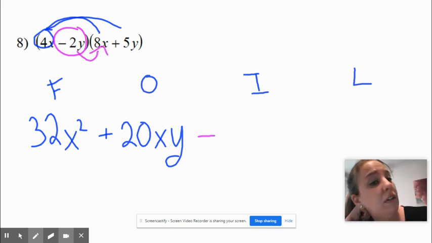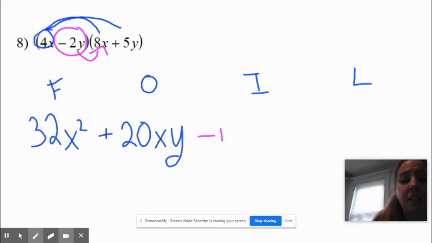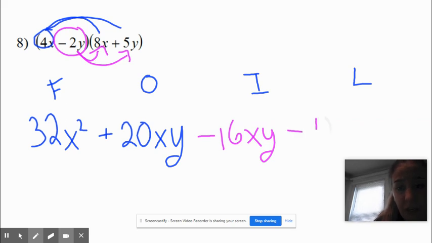Negative times a positive. 2 times 8 is 16. Y times x is xy. All right, negative 2y times 5y is negative. 2 times 5 is 10. Y times y, y squared. All right, we've only got this one x squared term.